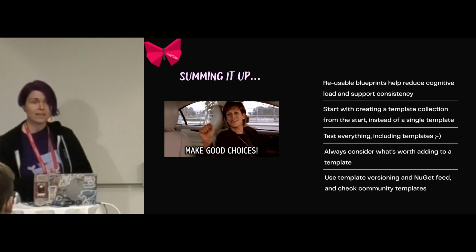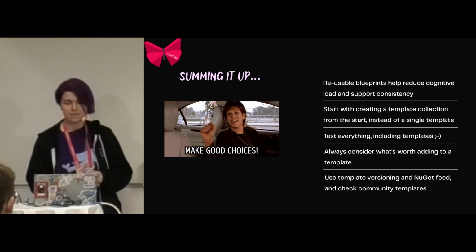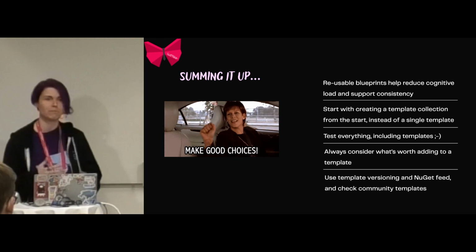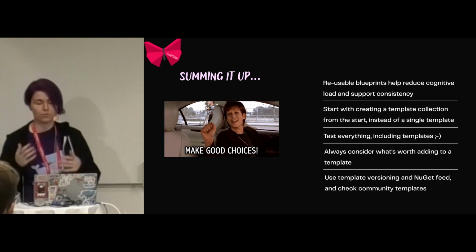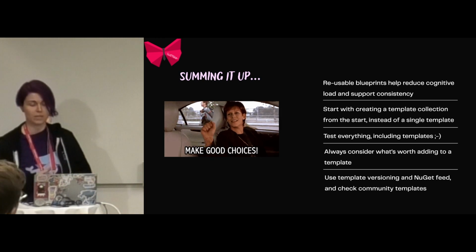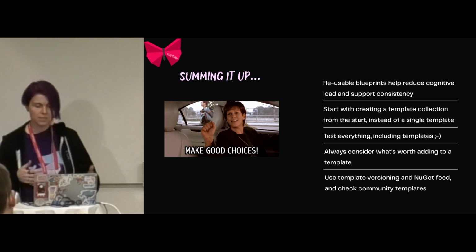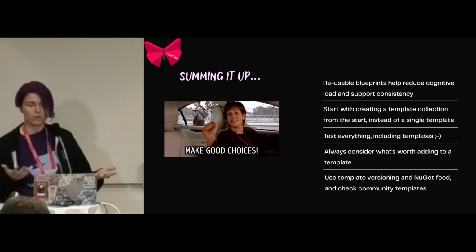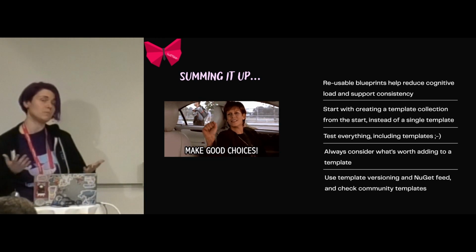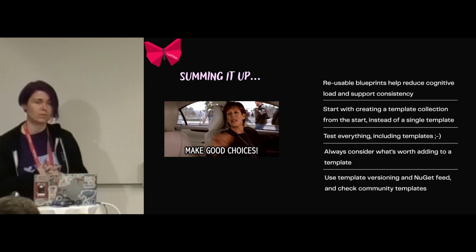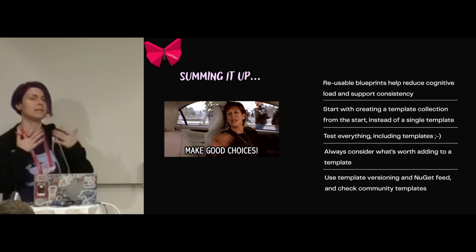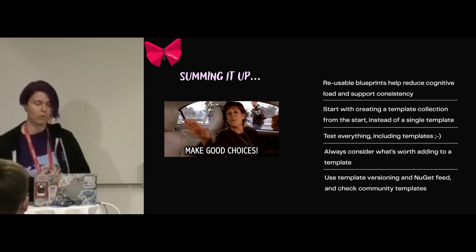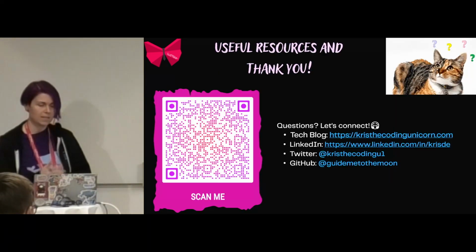Consider what's worth adding to those templates to minimize the amount of overflow of information, and to reduce the amount of things developers would need to remove or adjust. And do use template versioning and the NuGet feed, and also check the third-party community templates so that you don't need to reinvent the wheel, but build upon it and bring more value to the application.